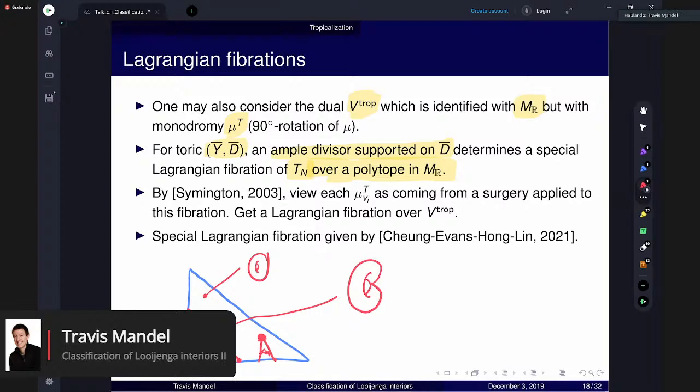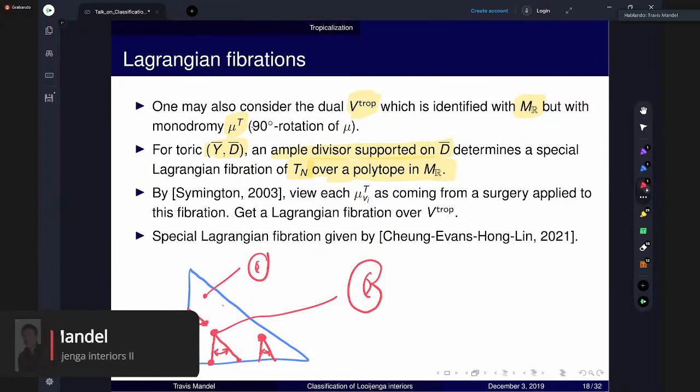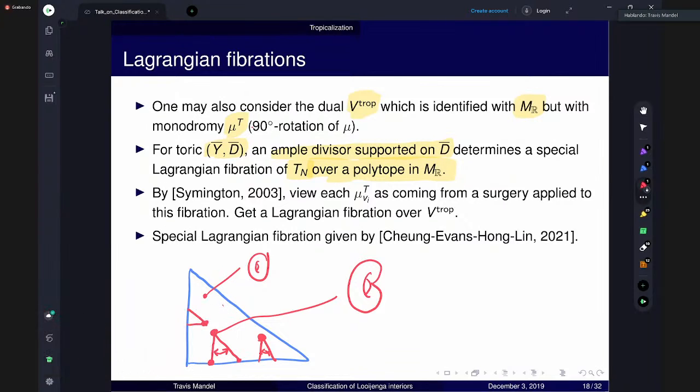And the monodromy from going around all of these singularities will be the same as our monodromy. I don't know if it's exactly mu transpose or mu, but up to something that's not a big deal, you get the same as our monodromy. So that gives you that there's a Lagrangian fibration over U-trop, or maybe the dual to it, or some polytope in there.